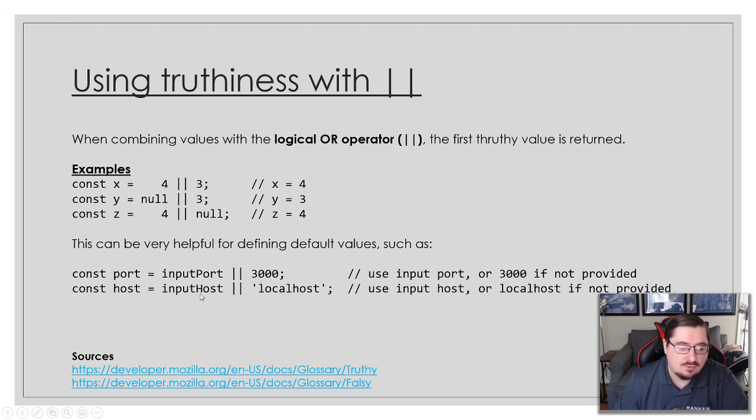Or if I want to have them enter a host name, I say input host or localhost. So this value here is effectively the default value. It's what I fall back to if the first value is falsy. That can be really helpful for having defaults for your functions and all sorts of places, settings, or all sorts of things in your code.